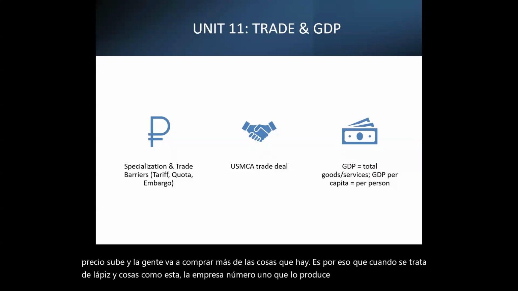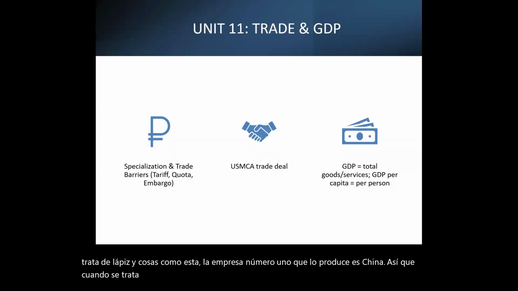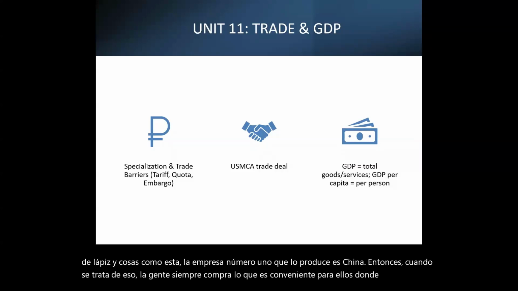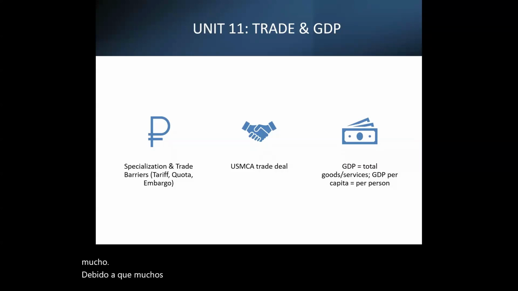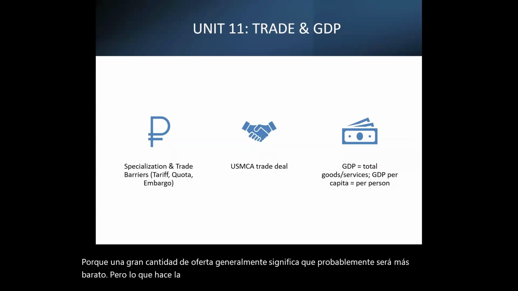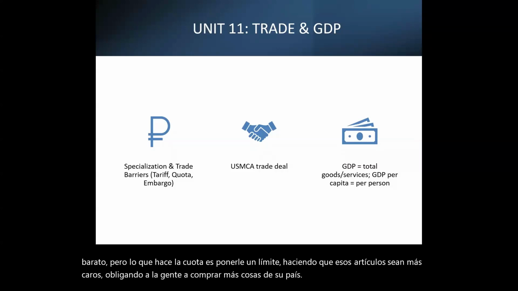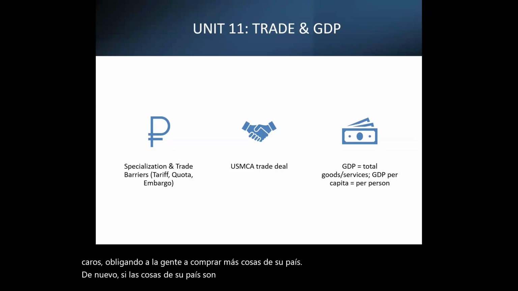People always buy the thing that is convenient for them, where there's a lot of supply, because a lot of supply usually means it's probably going to be cheaper. But what quota does is it puts a limit on it, making those items more expensive, forcing people to buy more of their own country's stuff. Again, if their country's stuff is cheaper, people are going to buy their country's stuff.